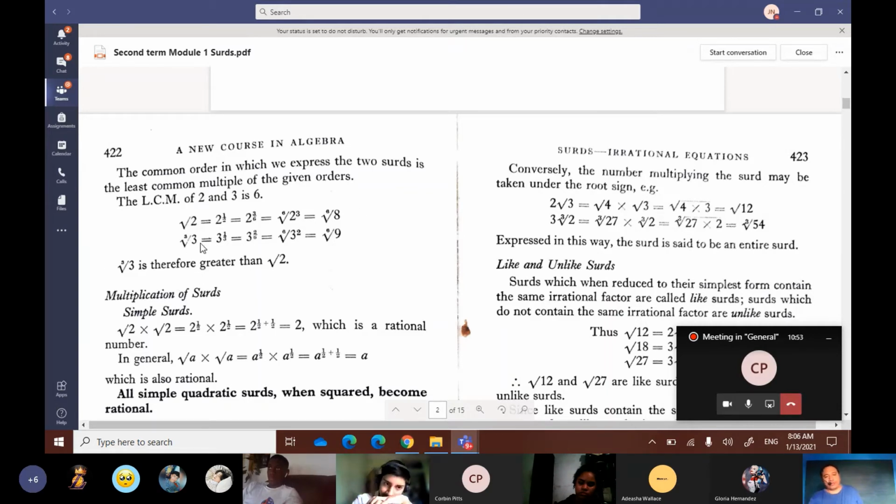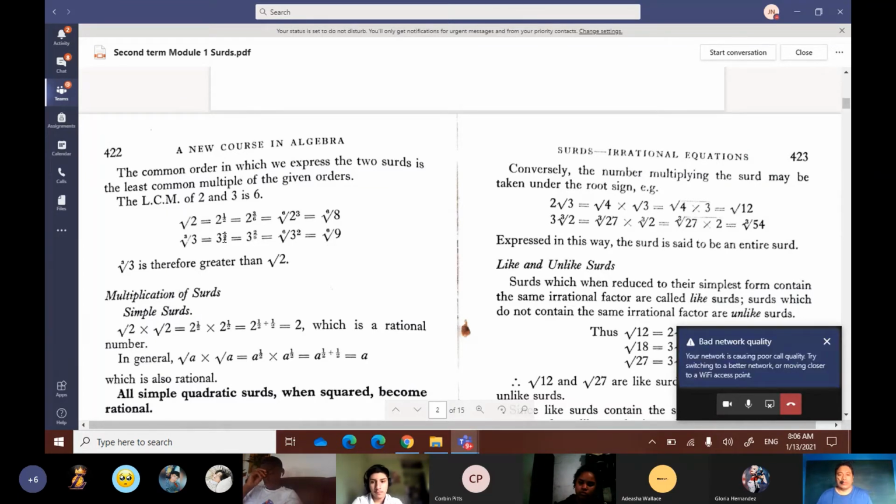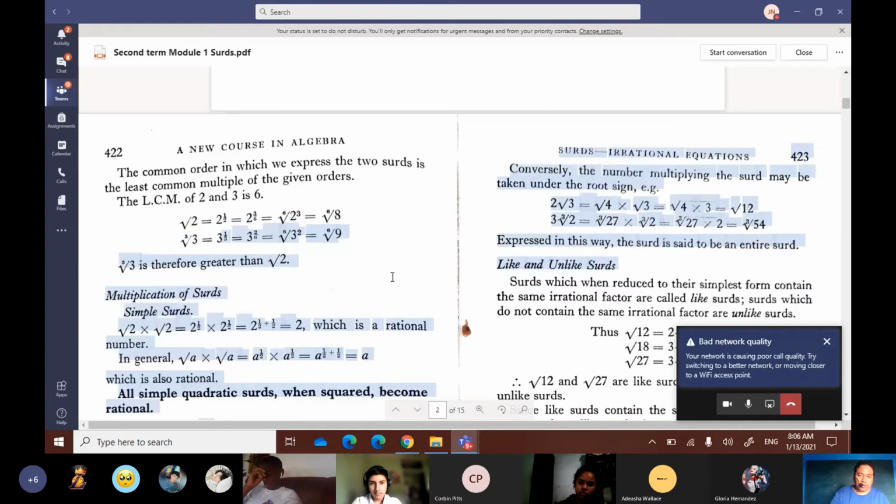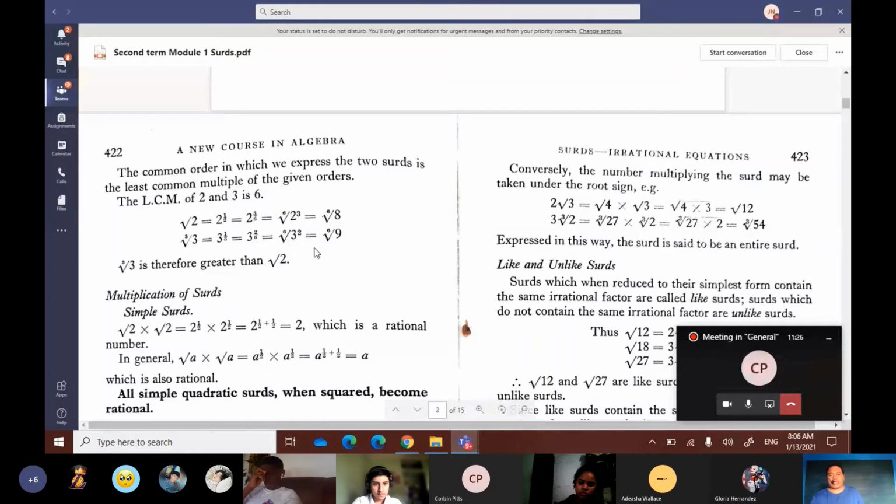Similarly, the cube root of 3 is equal to 3 raised to the 1/3. Since the LCM of 3 and 2 is 6, when we want to compare it, we have to make 3 have a power of something over 6. So that is going to be 3 to the 2/6, which is equal to the 6th root of 3 to the second, which is the 6th root of 9, since 3 to the second is 9.